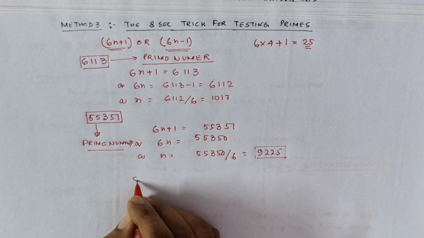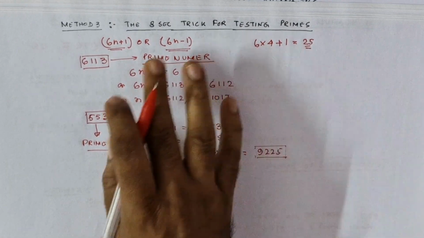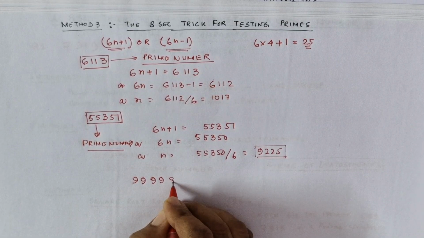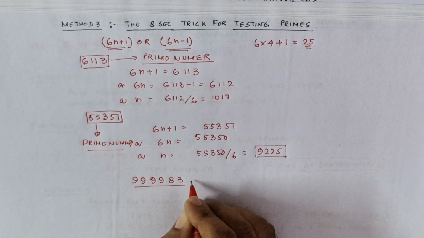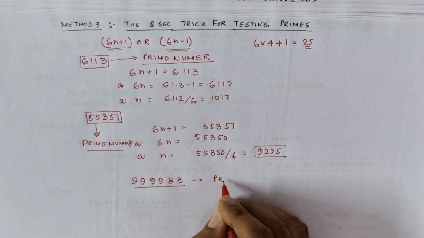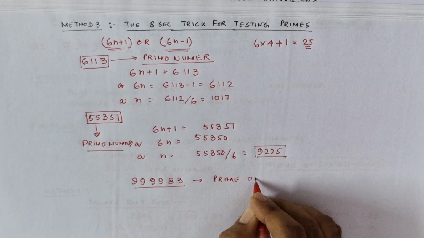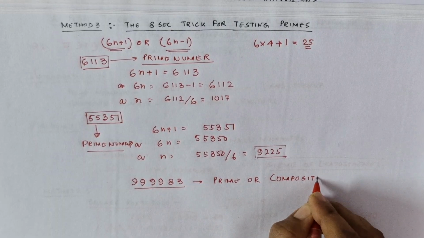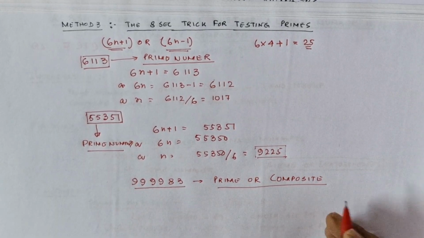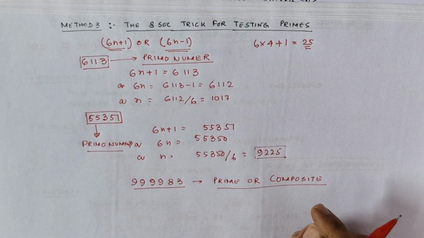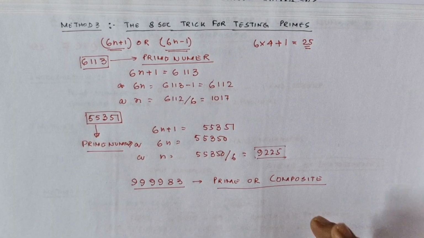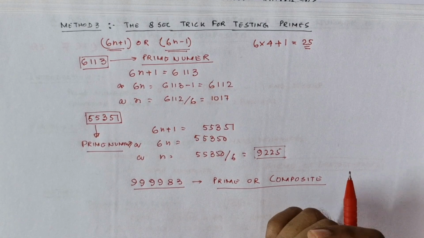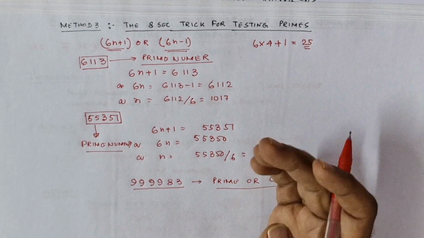Let me know by following this trick: 999983, is this a prime or composite? Let me know, students, in the comment box whether this is a prime or a composite. Got it? So now you know how to test if a number is a prime or not in 8 seconds.